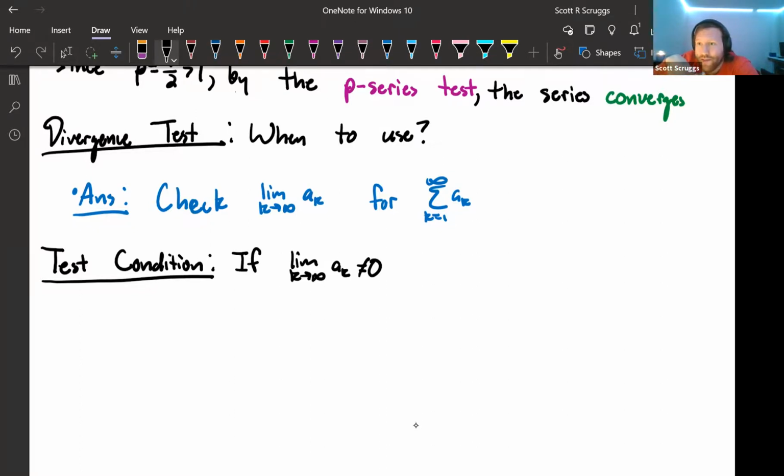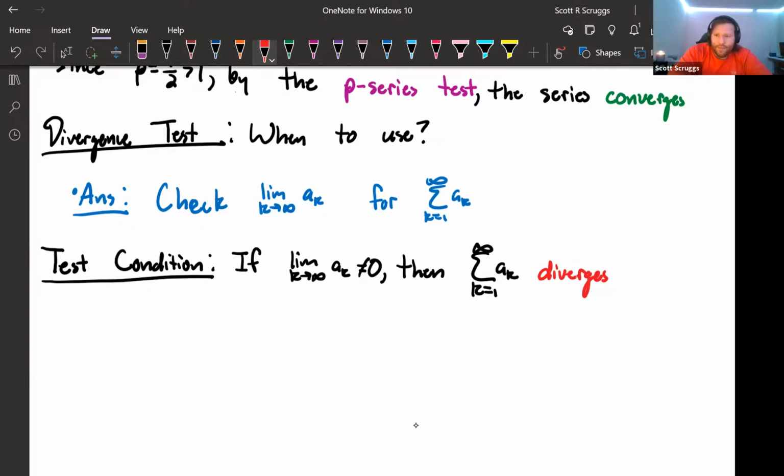So either way, that's all encapsulated with that statement, limit of a of k does not equal 0. If this happens, that is the only condition I need for the divergence test. If this happens, then I can automatically tell you that the series will diverge.